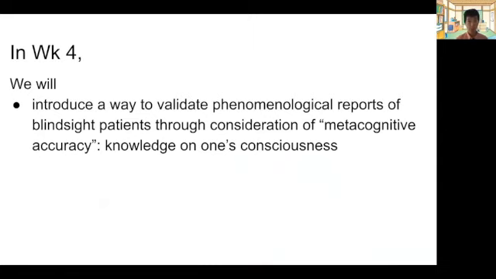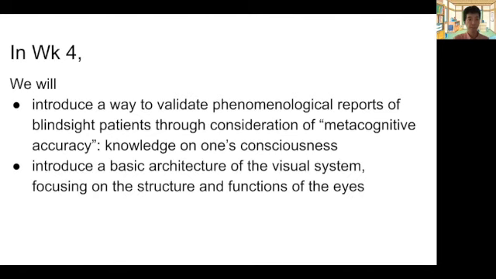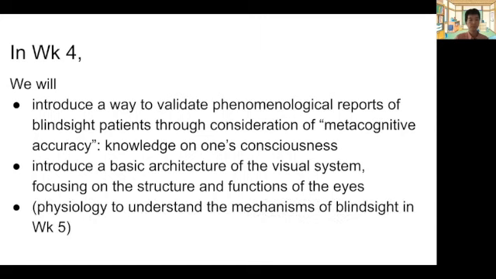Metacognition is a concept you can consider as knowledge of one's own consciousness. And then we also introduce a basic architecture of the visual system, focusing on the structure and function of the eyes. And then we will build more knowledge on the visual system from next week onward.